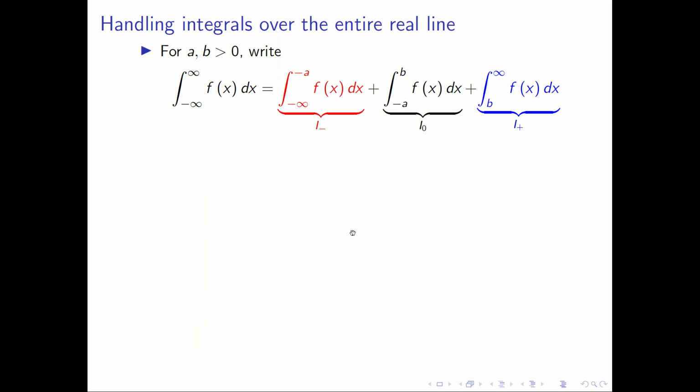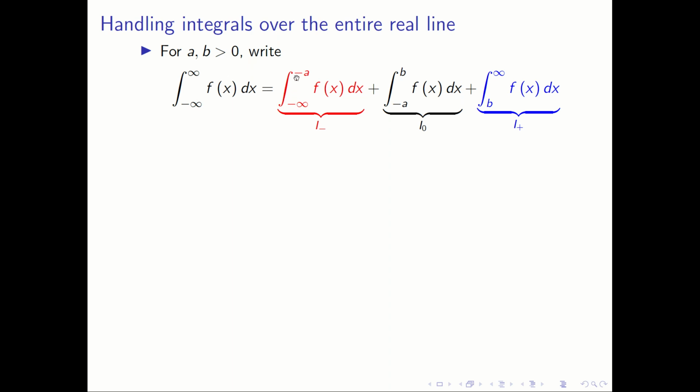Now, although that method was crude but effective, sometimes it pays off to be a bit more clever. So what you do is you choose two numbers a and b, both positive, and you break up your domain of integration from minus infinity to plus infinity into three pieces.